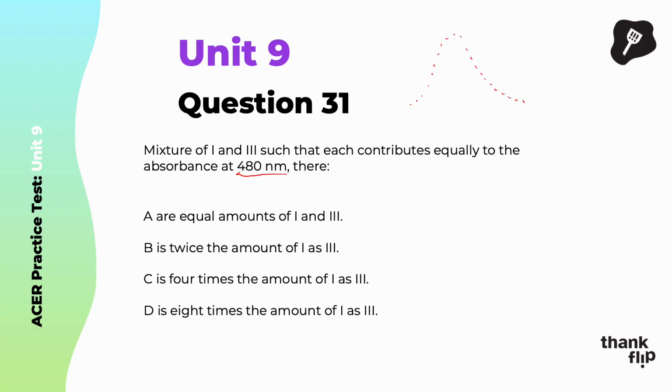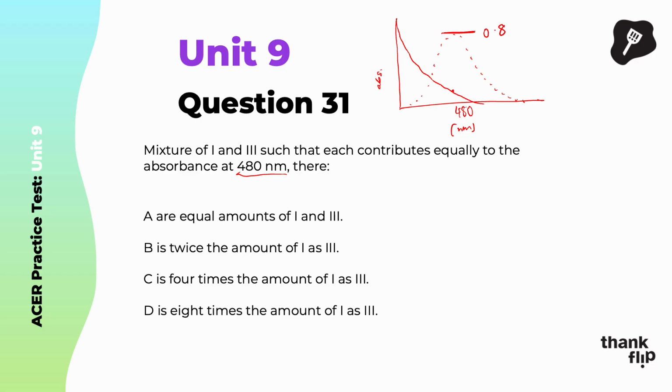All right. So let's say that this is 480 here. And then we have our y-axis here, absorbance, and wavelength in nanometers. And if we look at compound 1, our compound 1 is going kind of like this, okay? And so looking carefully, over here, this is around 0.8 units in terms of absorbance.